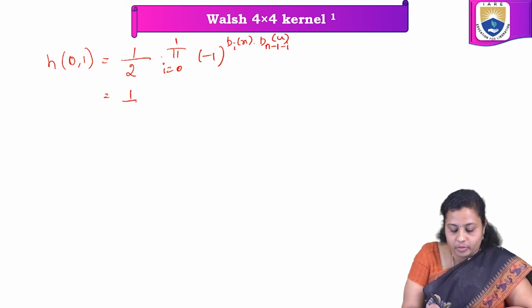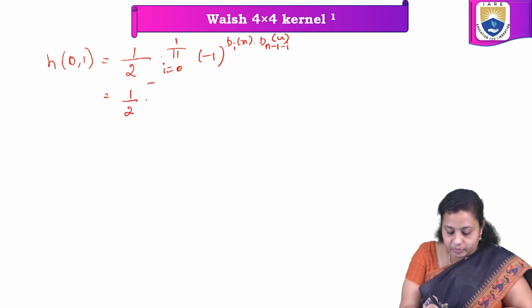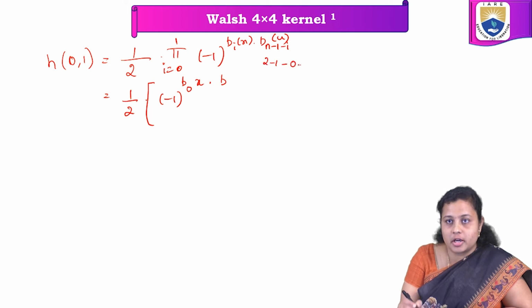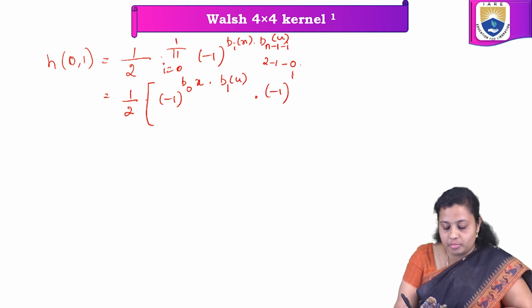So that is equal to 1 by 2 into minus 1 power b0 of x into b1 of u, into minus 1 power b1 of x into b(2 minus 1 minus 1), which is b0 of u.